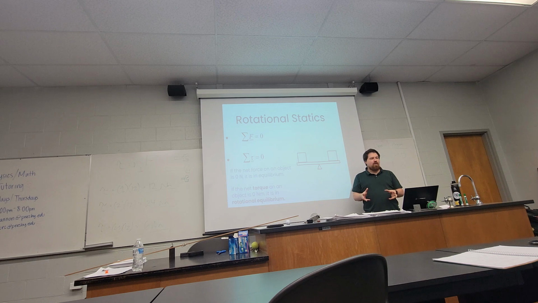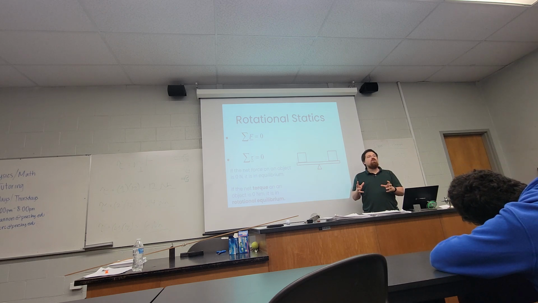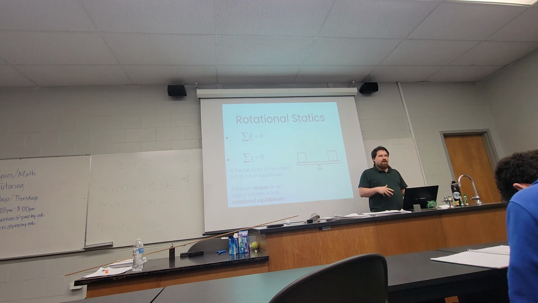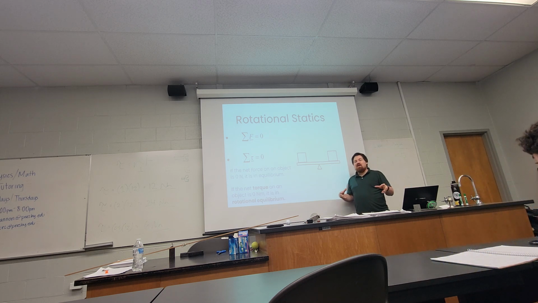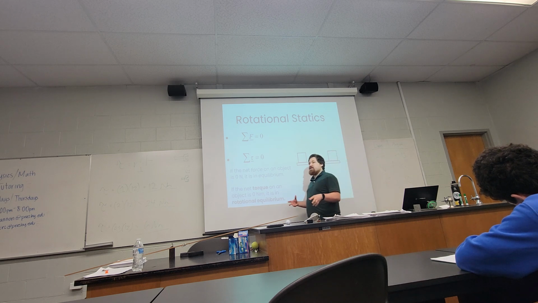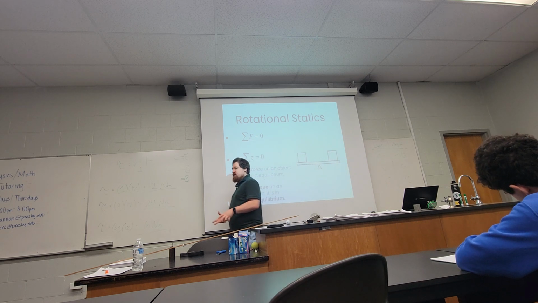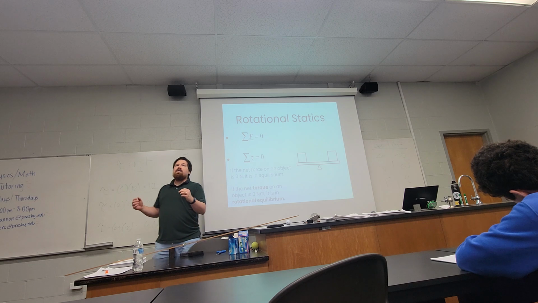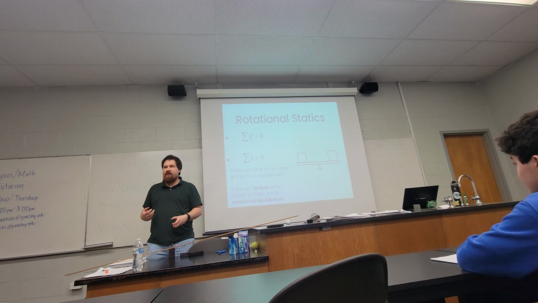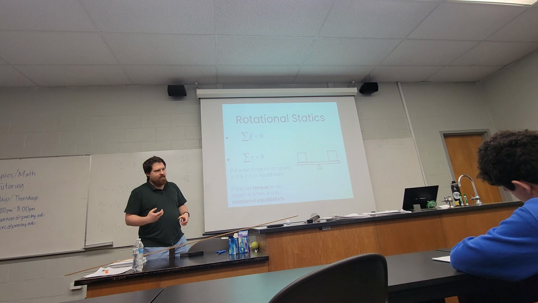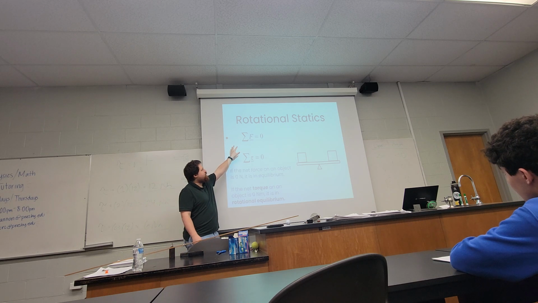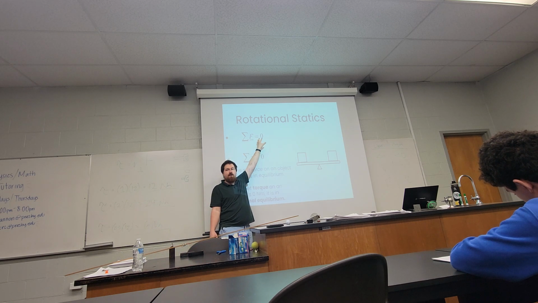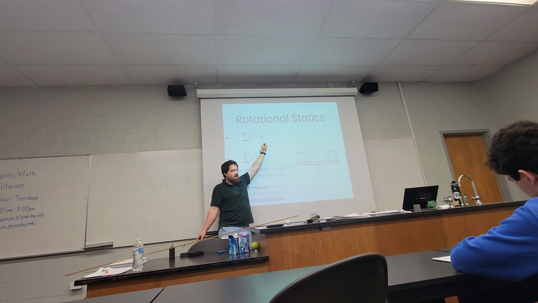Just as linear force generates linear acceleration, but only when imbalanced, the same is true for torque. Only an imbalance of torque creates net acceleration. Only an imbalance of torque causes things to start spinning. So if net force equals 0, you get a linear acceleration of 0.